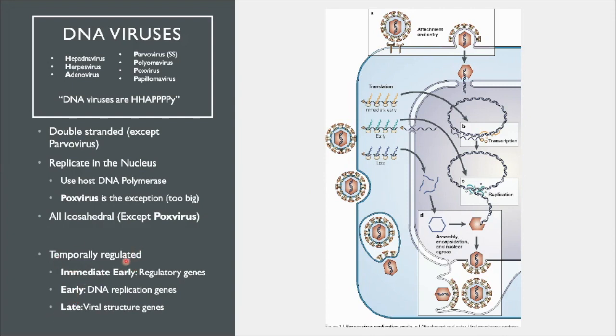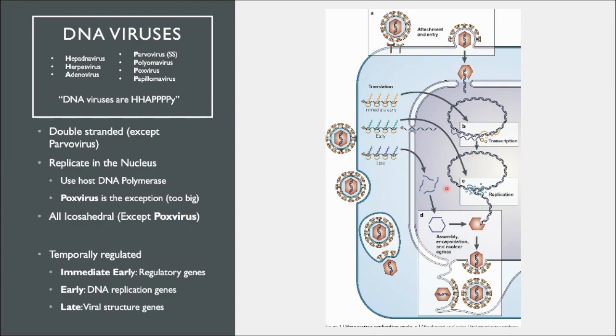The immediate early is basically the virus comes in, it goes to the nucleus, and then that DNA is immediately transcribed into a piece of viral mRNA. And the genes that it produces are going to regulate this whole process to favor viral replication. So these kind of genes are going to shut down host machinery so that all of the focus is on the virus, and it's going to favor the next step, which are the early genes. These are going to be much more involved in maintaining viral DNA replication.